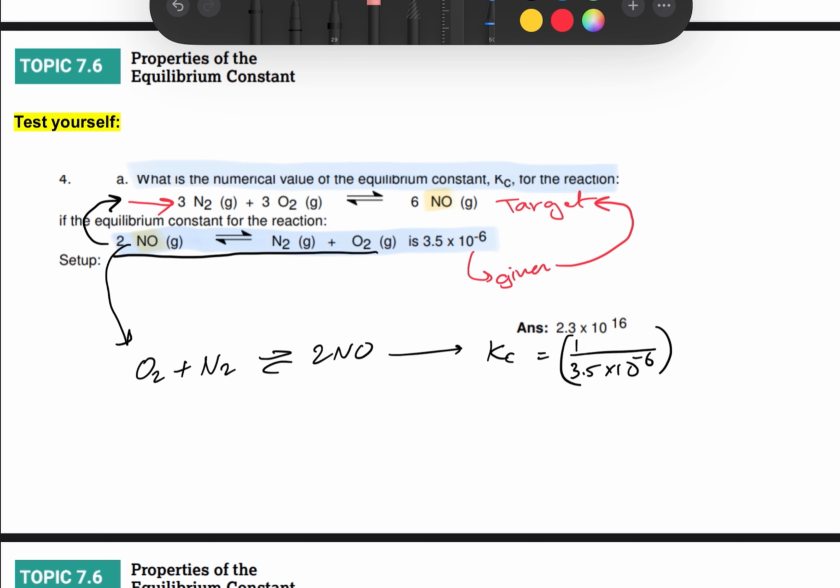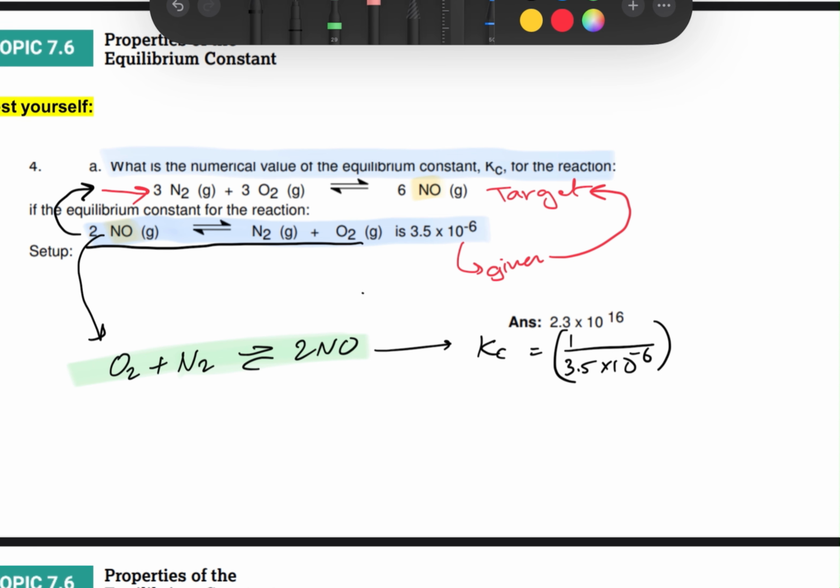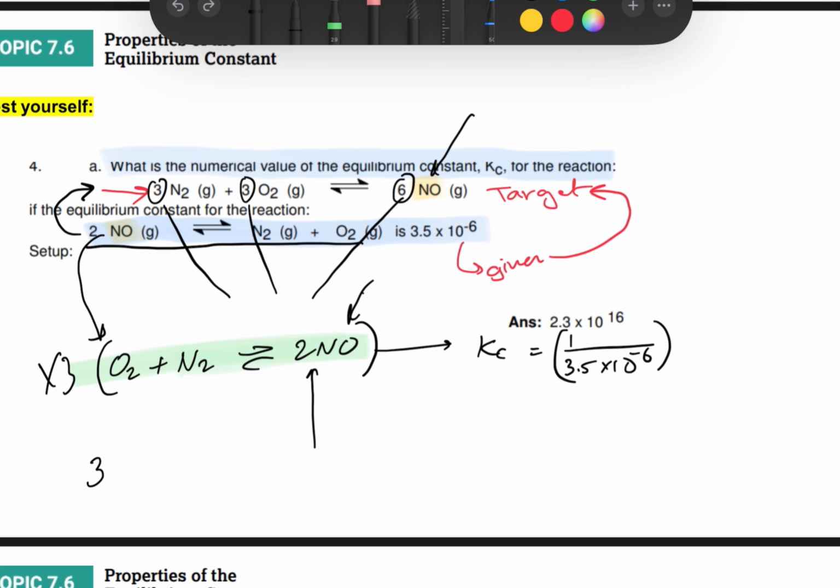Okay, now we have to check. Do I have the same equation above right here? You can notice that the NO in the product is the same as this, but the coefficient is not the same. What is the coefficient that I have to multiply this equation by to be the same as the one above? It's number 3. If you multiply the whole equation by 3, then it's going to be 3O2 plus 3N2, 6NO.